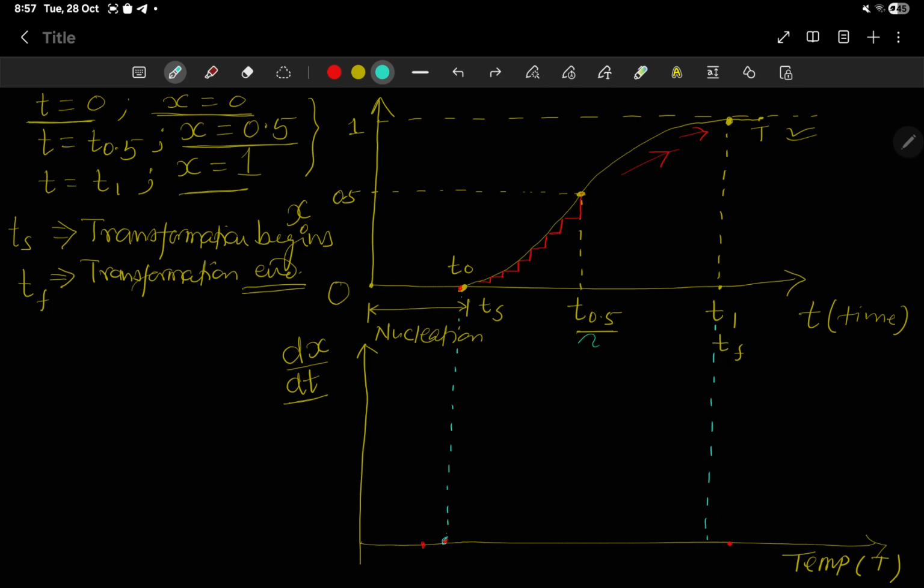So we will have the maximum value corresponding to this point. Let's try to draw this. It will be like a normal distribution curve.